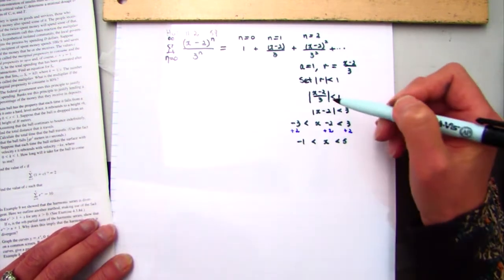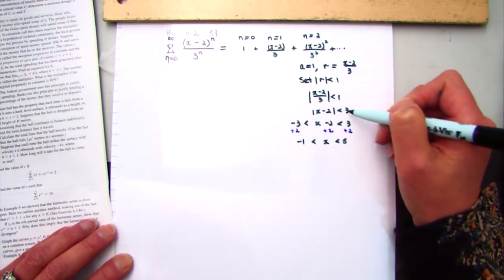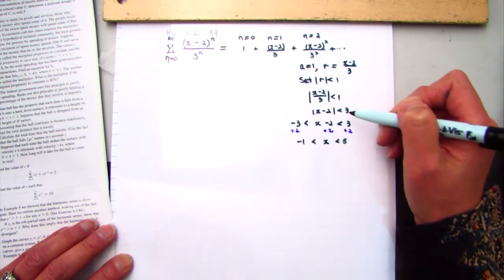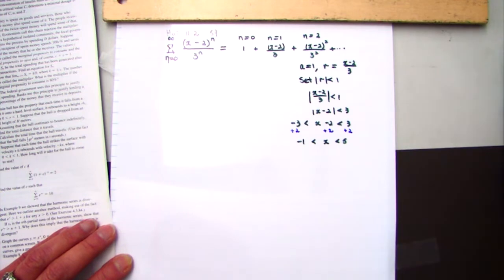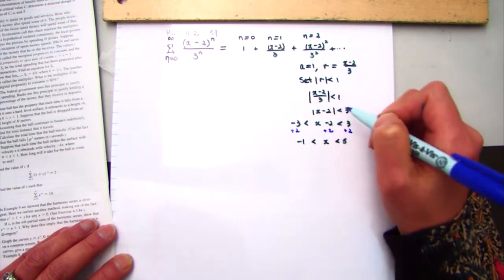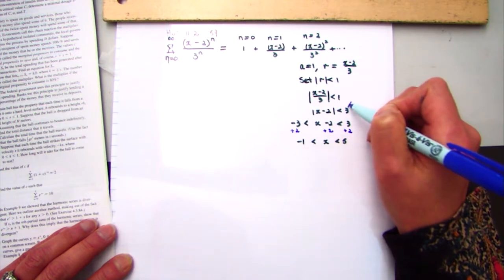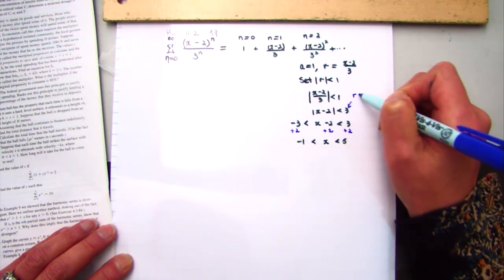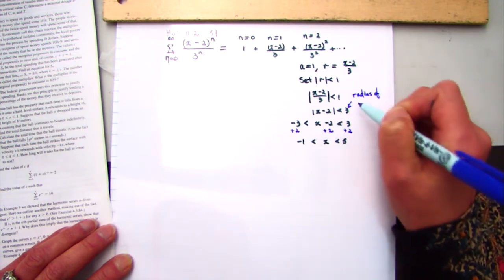Look at it again with me, centered at 2. That's right. 3 is actually called the radius of convergence, and maybe I should write it down. The book is not going to introduce the terminology until section 8, radius of convergence.